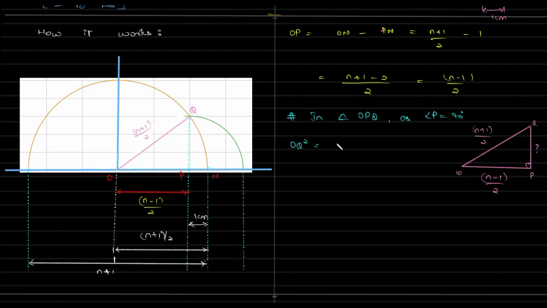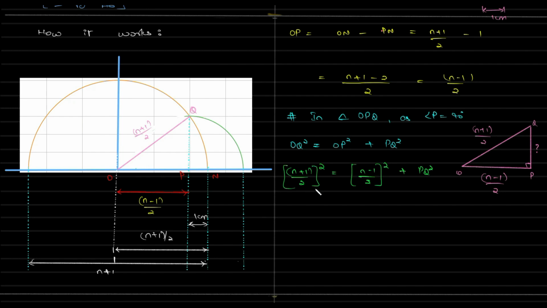OQ square is equal to OP square plus PQ square. So OQ is (n plus 1) by 2, the whole square, is equal to (n minus 1) by 2, the whole square, plus PQ square, which we have to find.